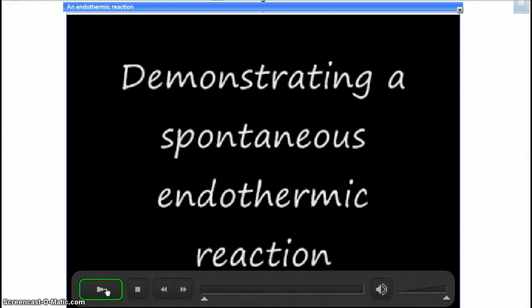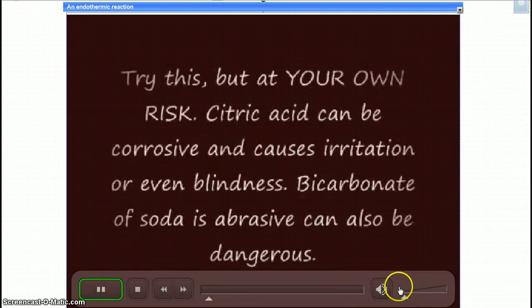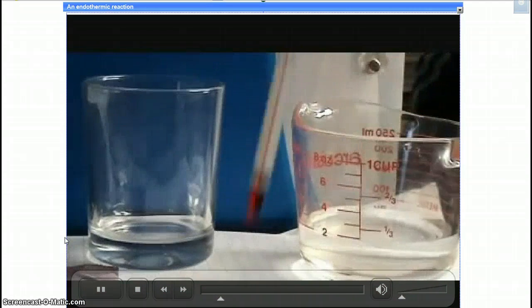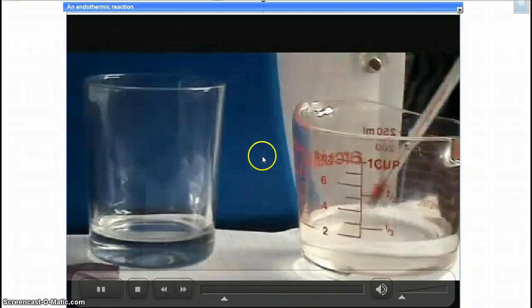All right. Here is an example of an endothermic reaction. Let me turn the music down because it's kind of odd. Okay, disclaimer. Alright, so we see the temperature.